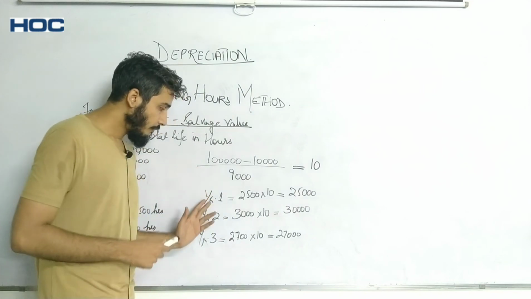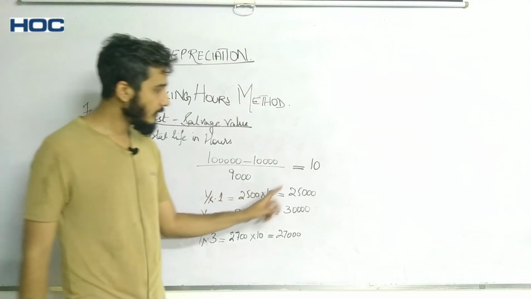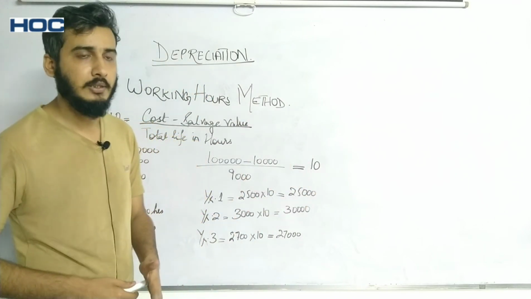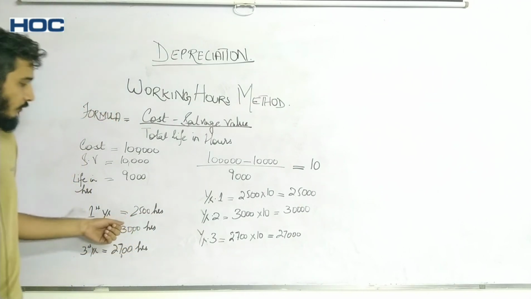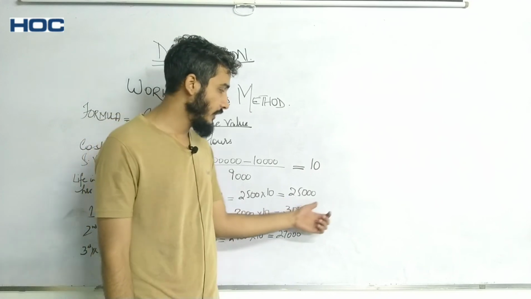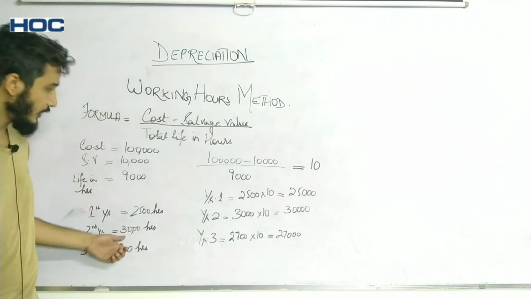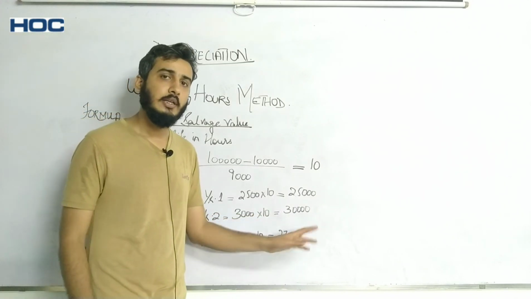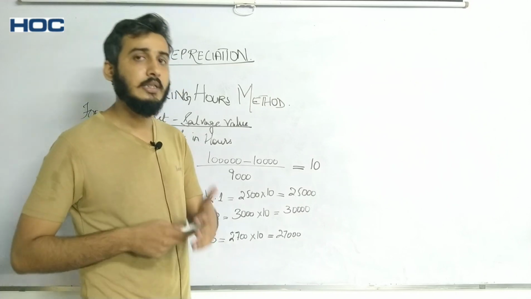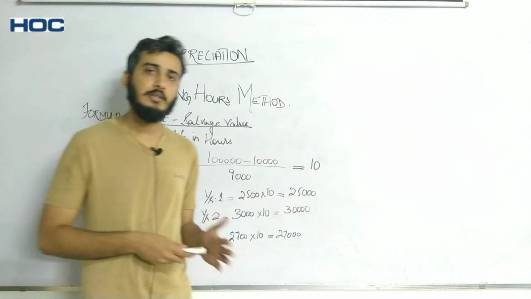Now by multiplying the hours with the per hour depreciation, we will get the per year depreciation. In year 1, the machine was used for 2,500 hours, and by multiplying it with 10, we got 25,000 per year depreciation. Then in the second year, 3,000 into 10, 30,000. And then in year 3, 2,700 into 10, and we have got 27,000 per year depreciation.